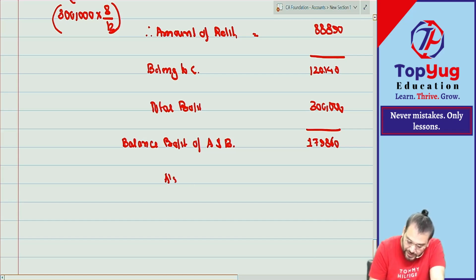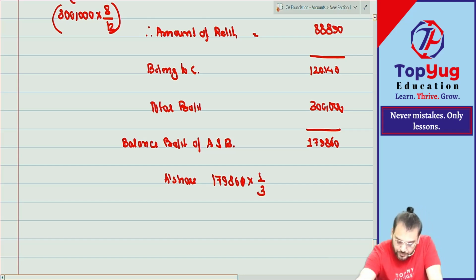What is A share? 1 by 3 na? How much? 59,953.